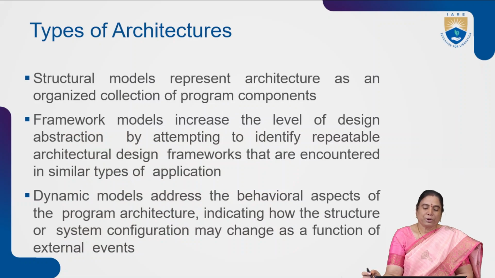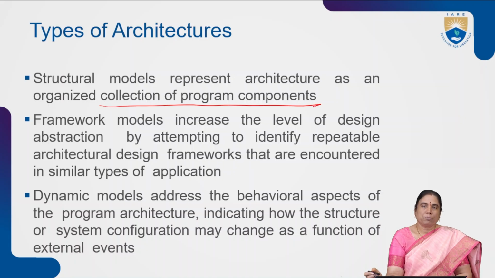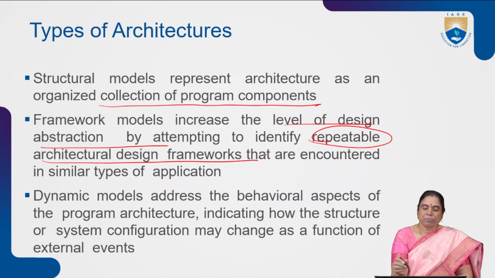So, the structural model is one type of architecture which represents the architecture as an organized collection of program components. But the framework model increases the level of design abstraction by attempting to identify repeatable architectural design frameworks that are encountered in similar types of applications.